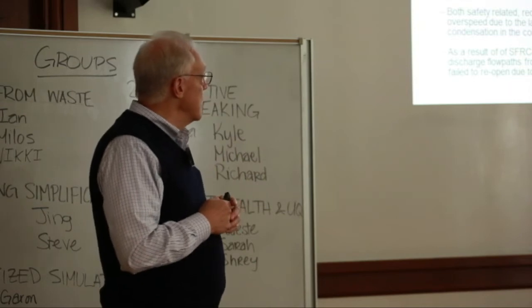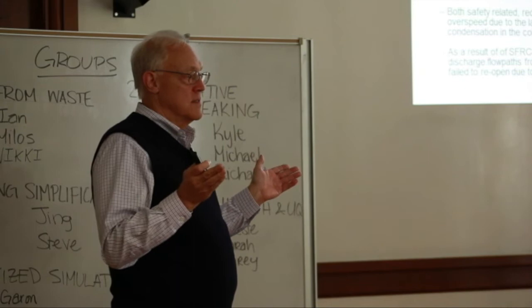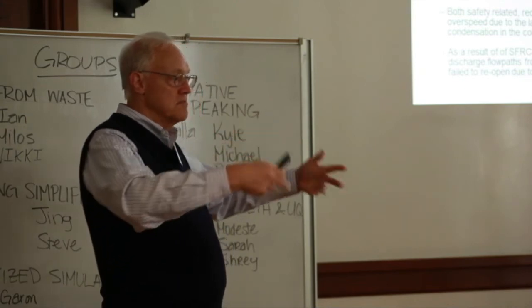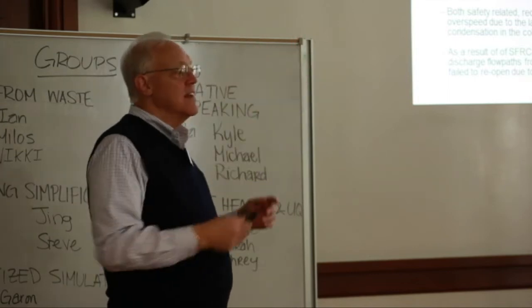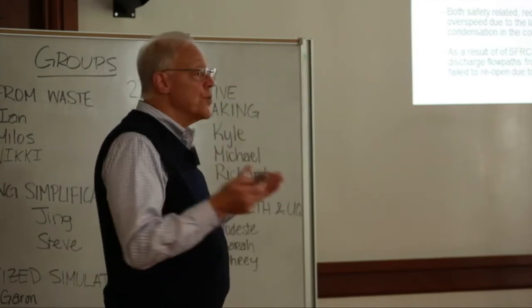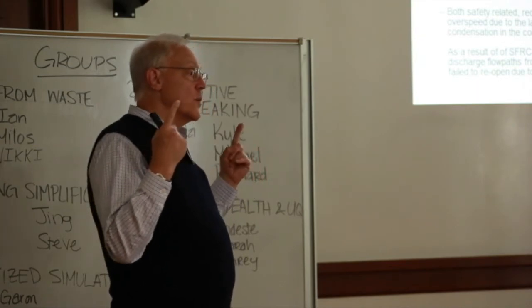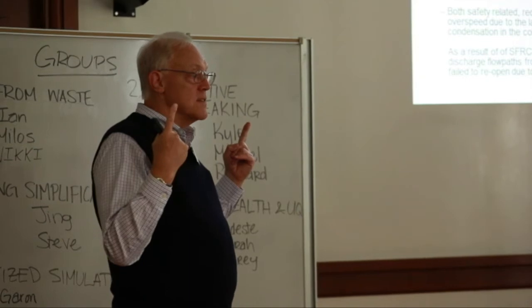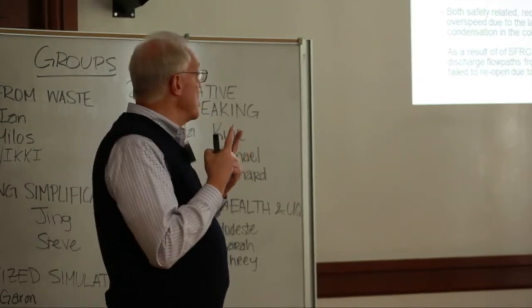Secondly, we had auxiliary feed water pump turbines. These are steam-driven pumps that basically drive water into the steam generators to cool the reactor. They both tripped. This is redundancy. They were redundant for single failure purposes, right? They both tripped for the same reason.